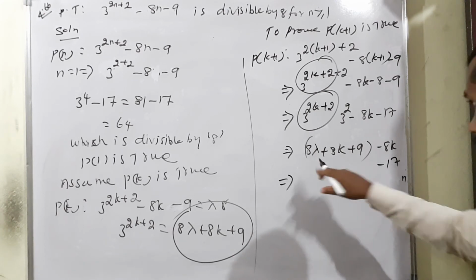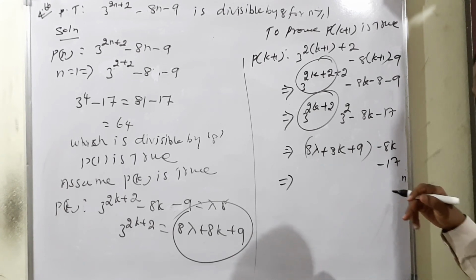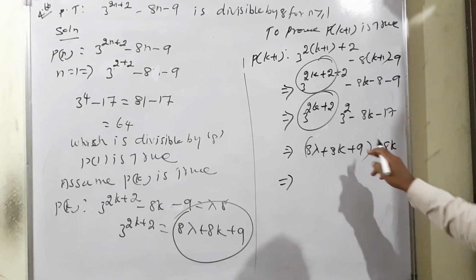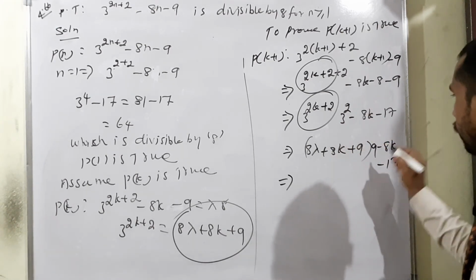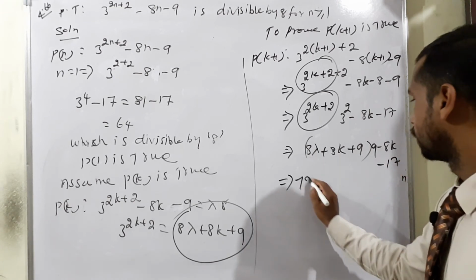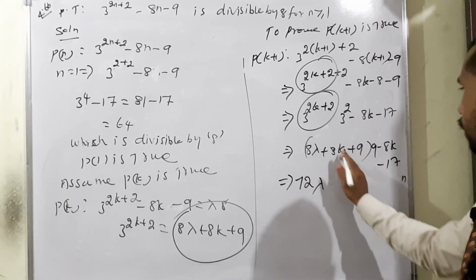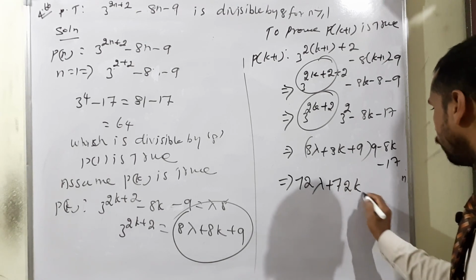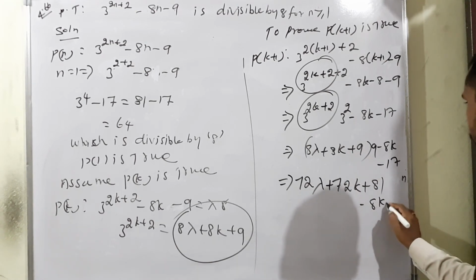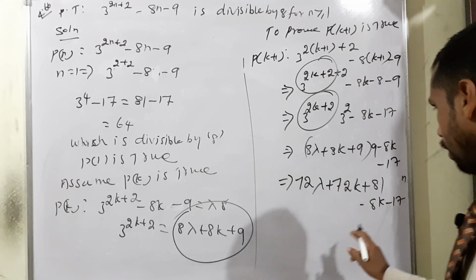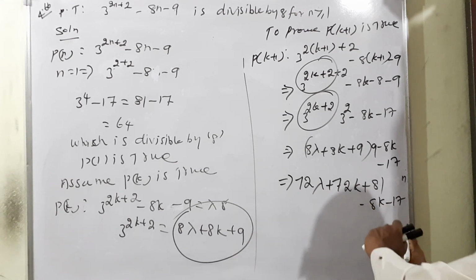So, 8 lambda, sorry, that's why one is missing here. This is into 3 squared, so there 9 will come, isn't it? Again 9 into 8 is 72 lambda, plus 72k, plus 9 into 9, 81, again minus 8k minus 17. Now we have to cancel whatever like terms and unlike terms.